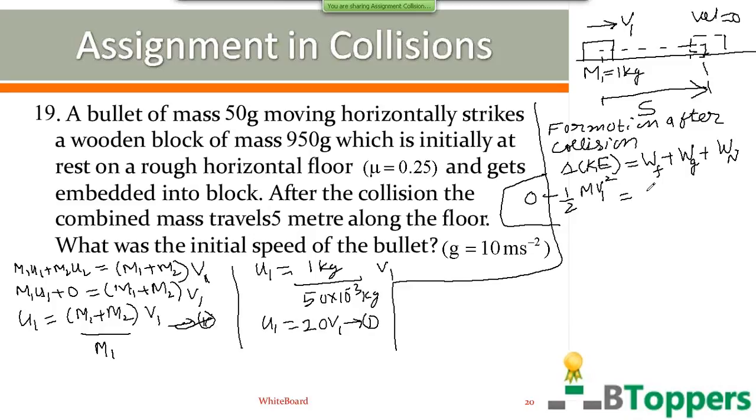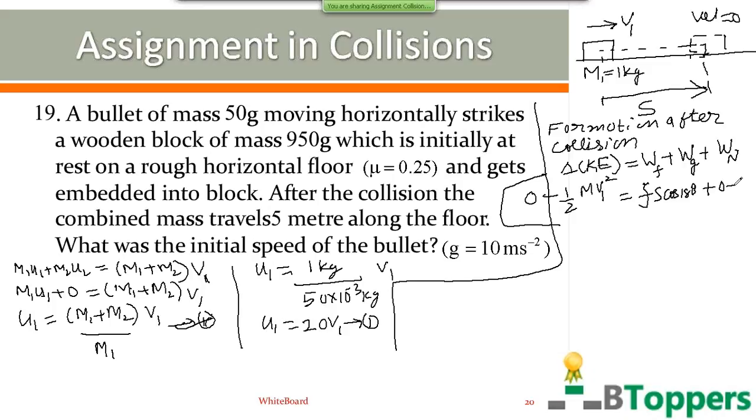Work done by the force of friction will be F s cos 180, because force of friction acts opposite to the direction of displacement. So the angle between the direction of the friction and the direction of the displacement is 180 degrees.